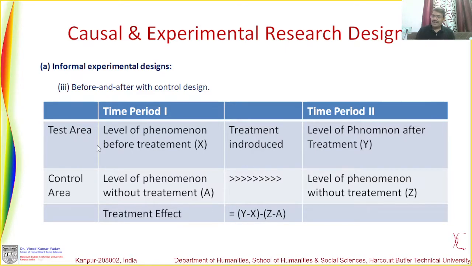So time period 1 means maybe at the evening, 6 or 7 p.m. you look at before treatment X, and you look at the level of phenomenon without treatment. This is before treatment and this is called without treatment, because in control area you are not going to give treatment.